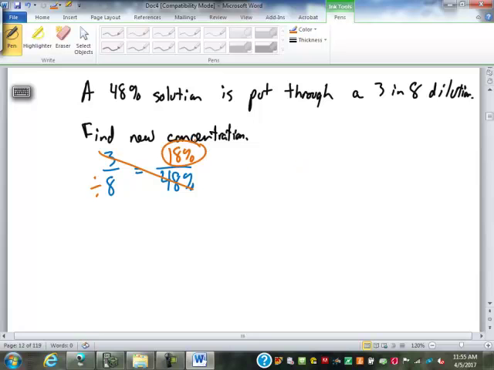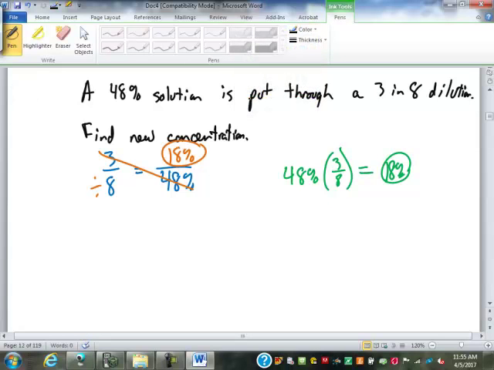The new concentration is going to be 18%. The other way that could be done is we could have just taken our 48% times that dilution of 3 and 8, times this 3/8 as a fraction, which would also have given us the 18%.